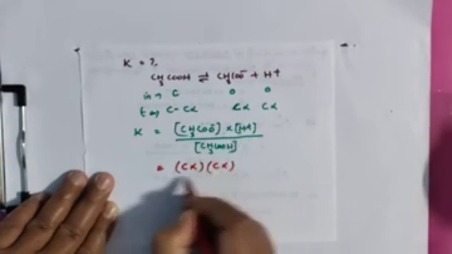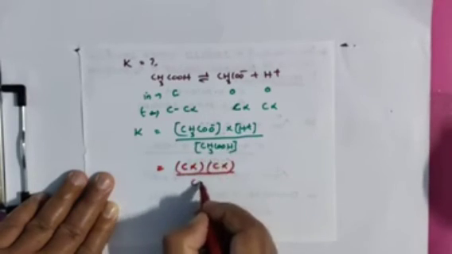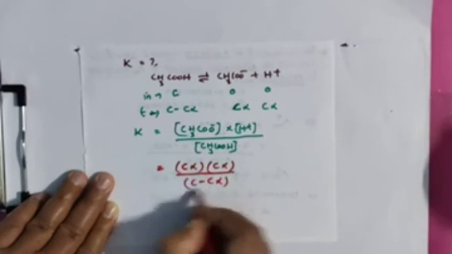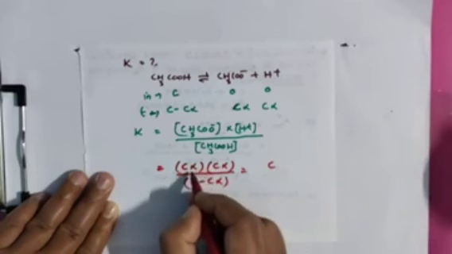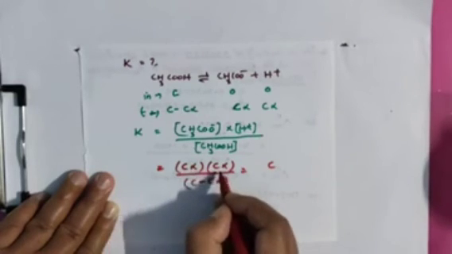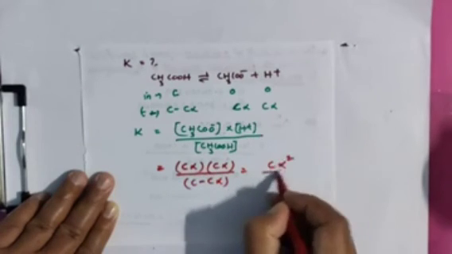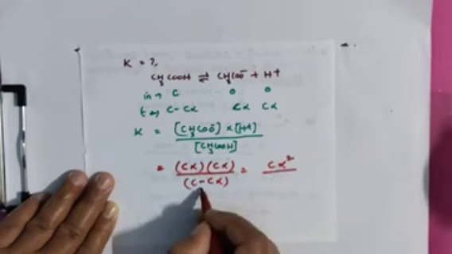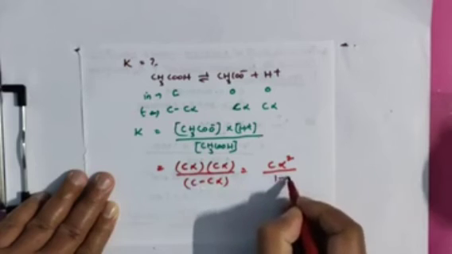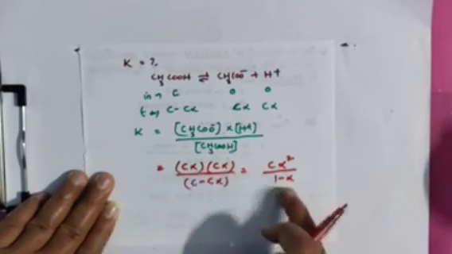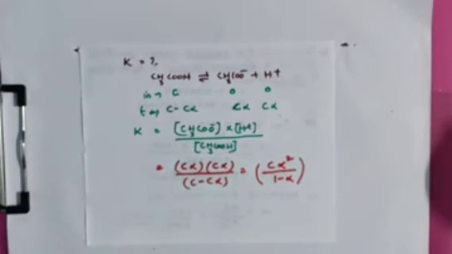C alpha, upon CH3COOH, how much? C minus C alpha. That equals C alpha into C alpha, how much you are getting? C alpha square upon C, and if you simplify you are getting 1 minus alpha. Means if you simplify this you are getting C alpha square by 1 minus alpha.